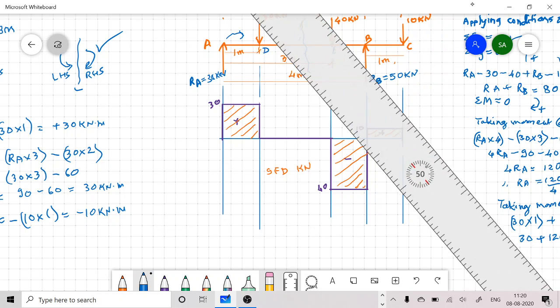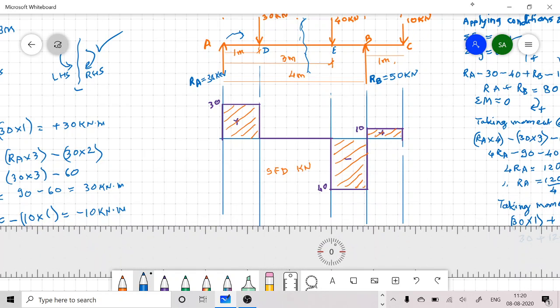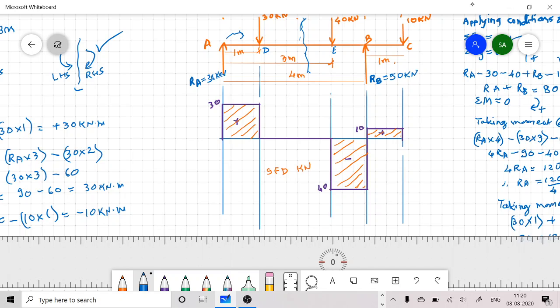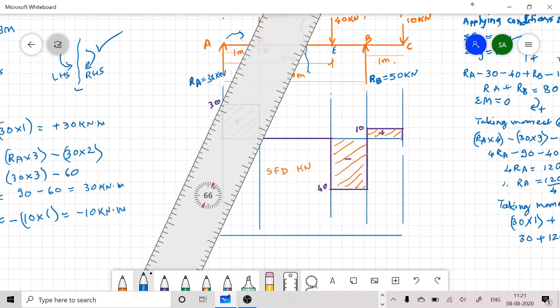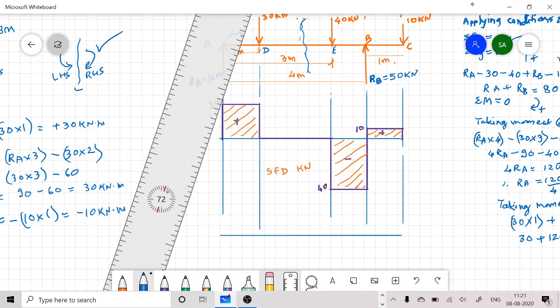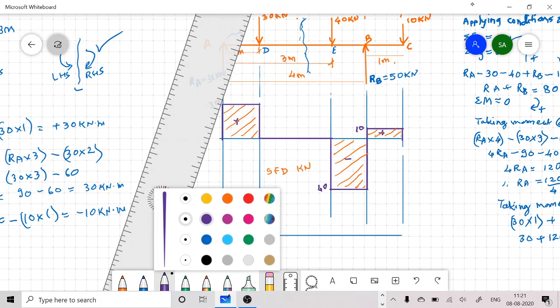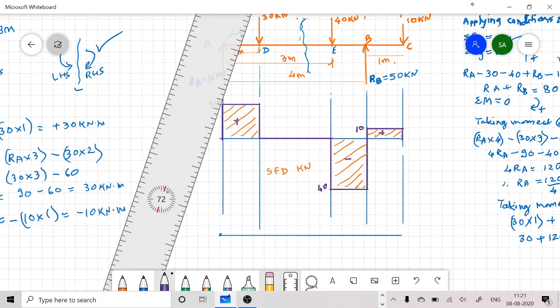Now I will draw the bending moment diagram. For that I am drawing the baseline. Bending moment at A is 0. Now bending moment at D is calculated as 30 kilonewton meter, positive, so above the baseline.